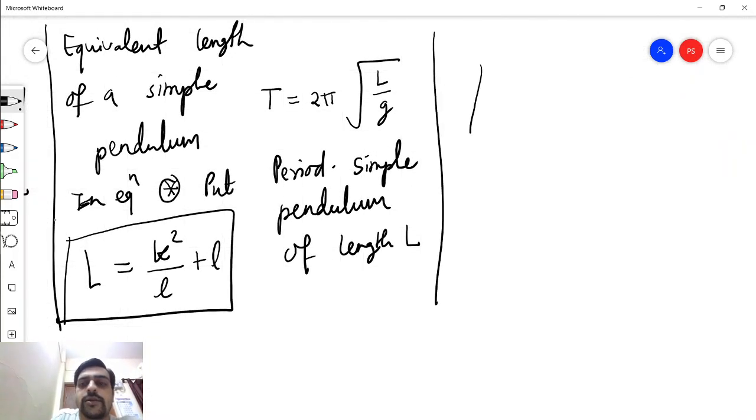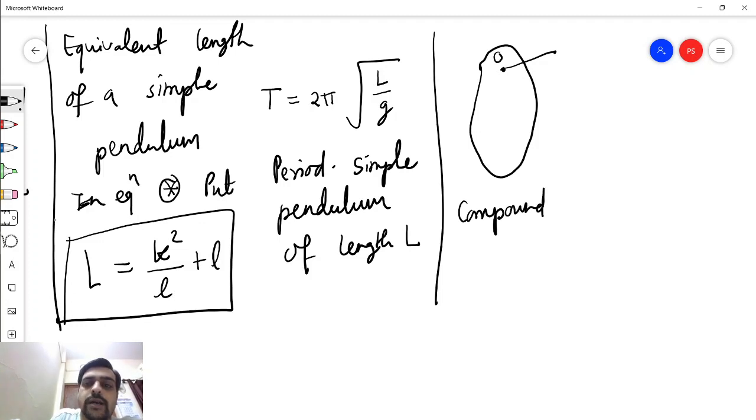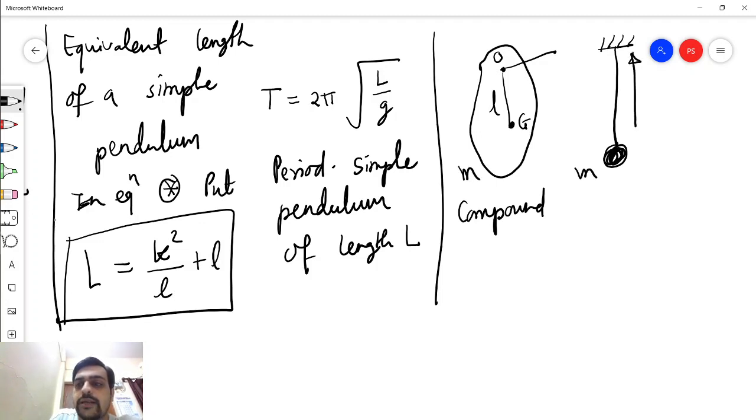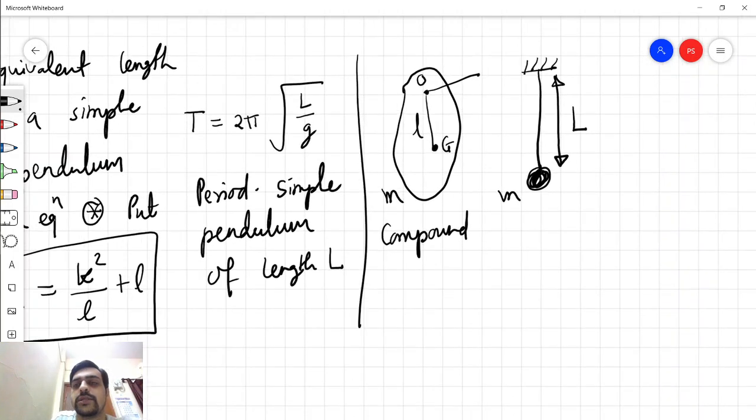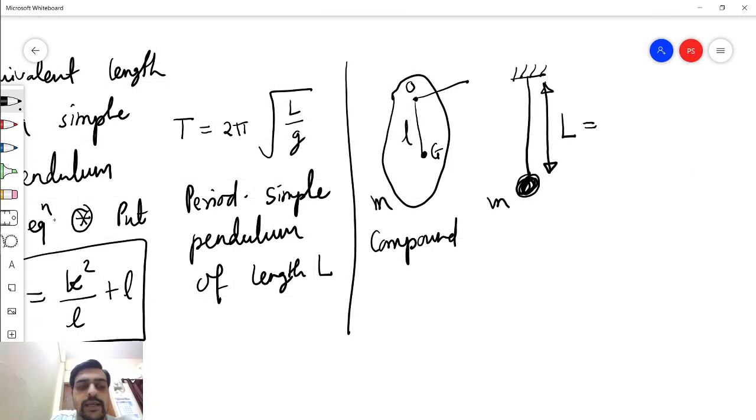We can compare two pendulums, one which is a compound pendulum oscillating about point O, which is at a distance L from the center of gravity, and there is a simple pendulum having string length capital L chosen such that this capital L is just k squared by L plus L. So we are claiming that the time periods of both these bodies will be the same.